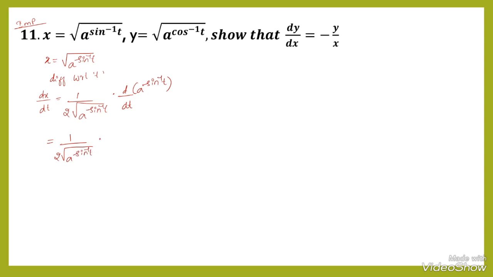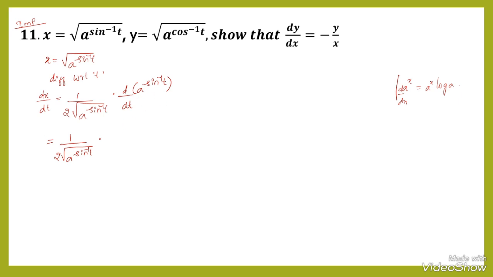Here, differentiation of a to the power x becomes a to the power x into log a. Differentiation of x with respect to x becomes a to the power x into log a.